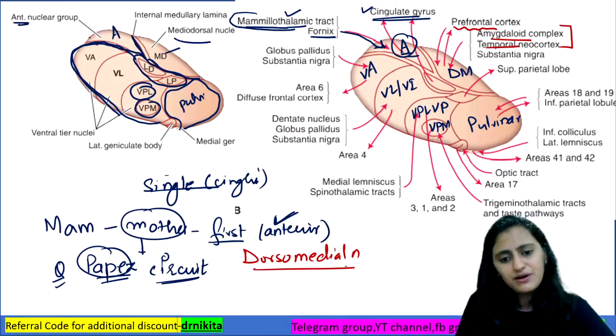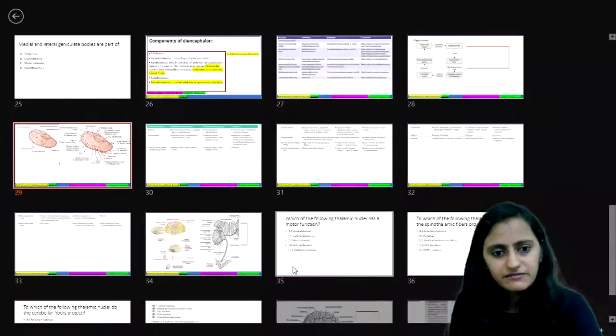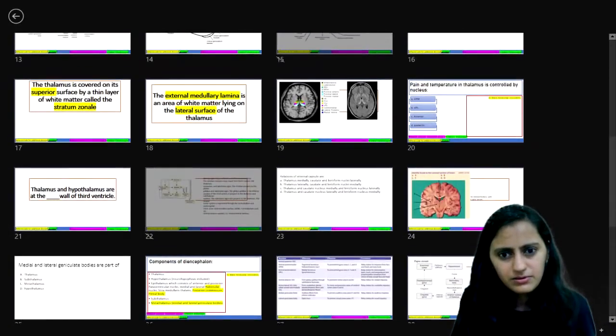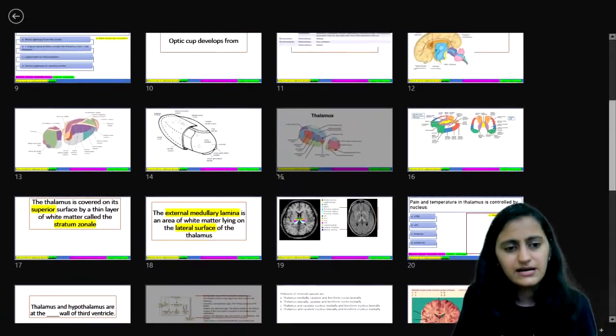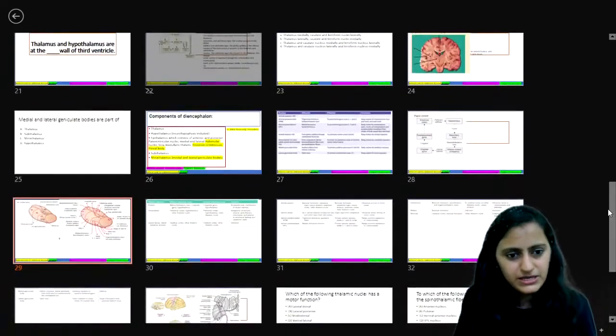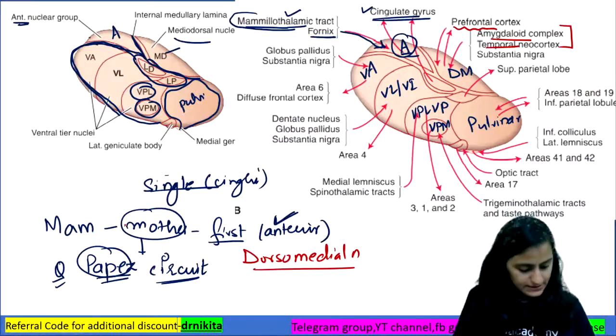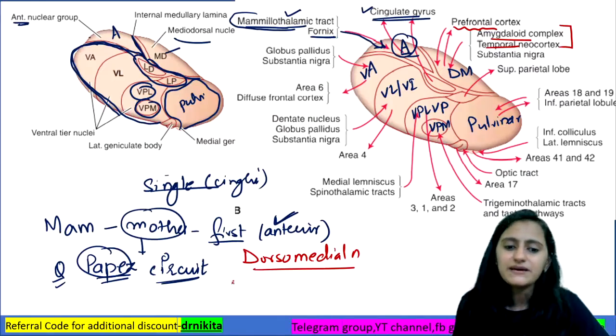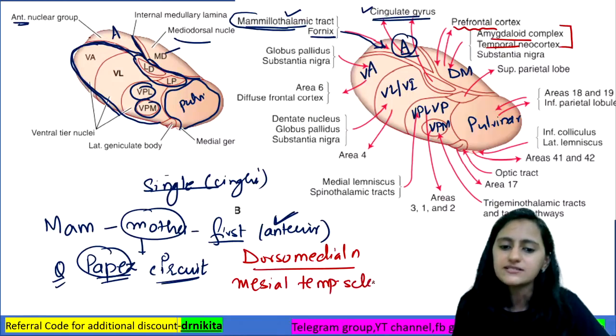Let me see if there is an image which I can show. Okay, I don't have the proper image to help you with here. With dorsomedial, remember the disease we always talk of, mesial or medial temporal sclerosis. I hope all of you have heard of this.